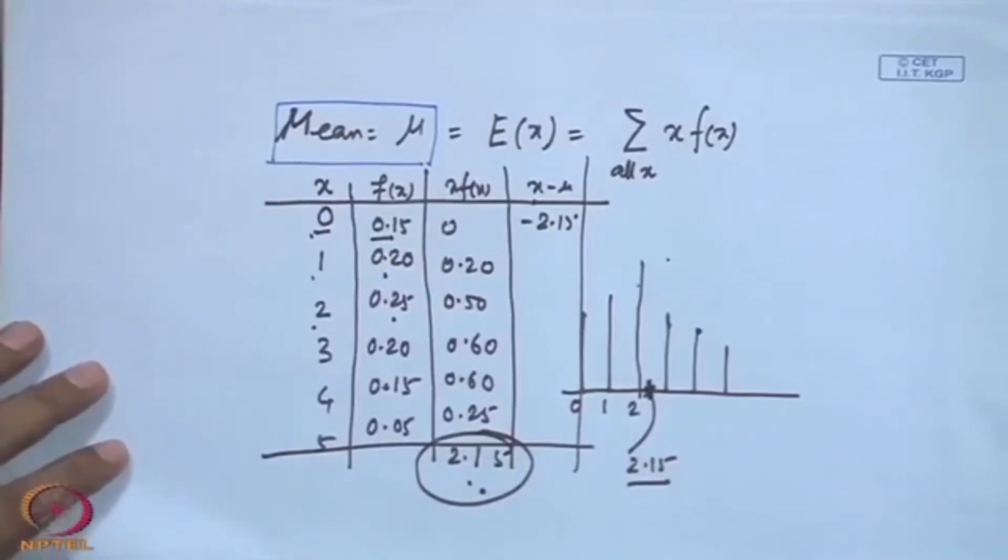Then what have we assumed here? We have assumed that x can take these 5 values only, and this is the probability mass function. So, what will be the sum total of these probability values? 1. Then what are mu and sigma square? Mu is the long run mean, and sigma is the long run standard deviation.